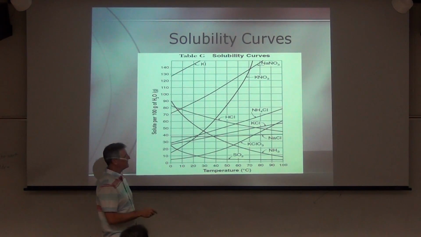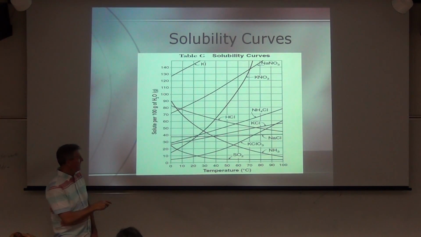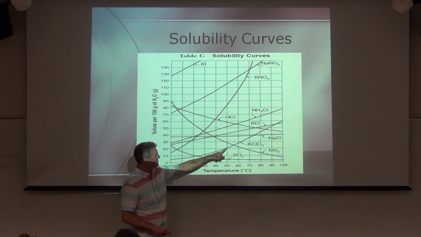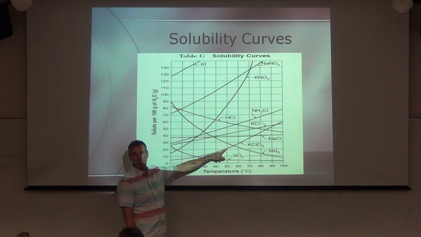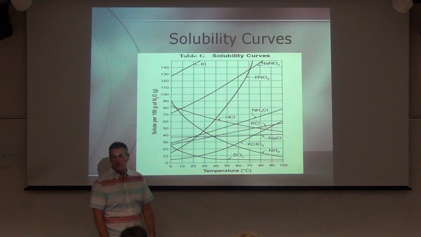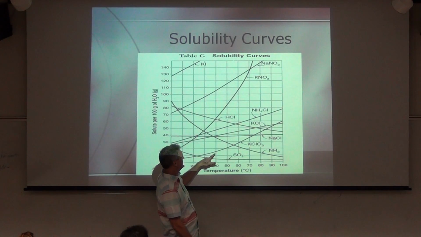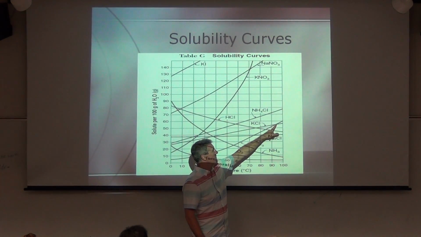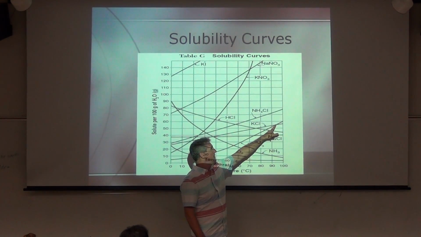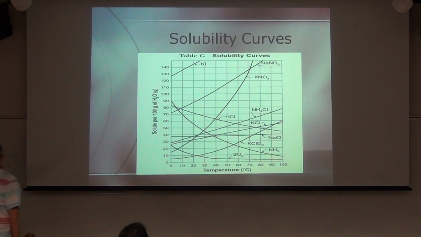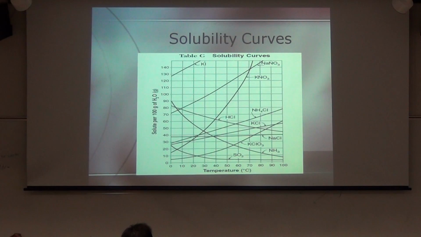The second one was potassium chlorate at 20 grams per 100, and that's just about 50 degrees. And then for the last one, we're looking at where the potassium chloride and potassium chlorate curves intersect. They both have the same solubility at that point, which is a little above 90, 94, 95 degrees. Good.